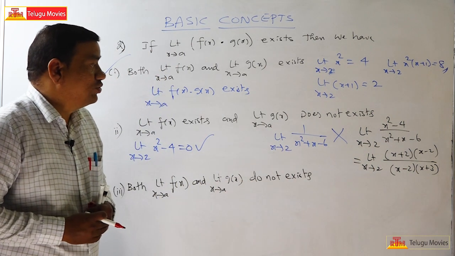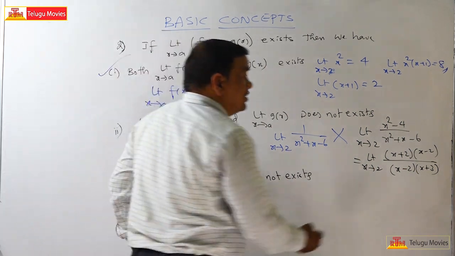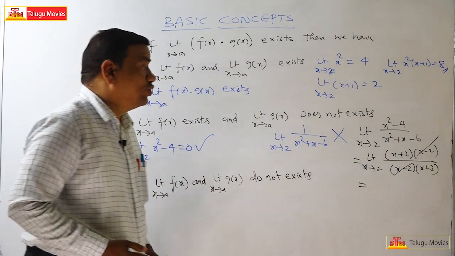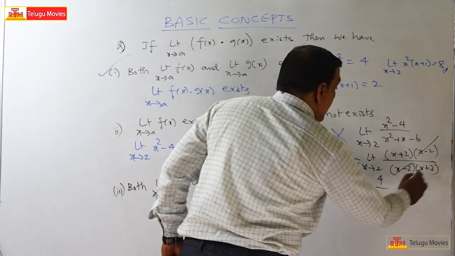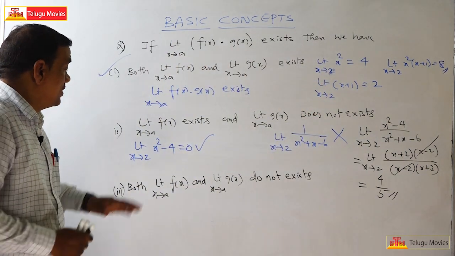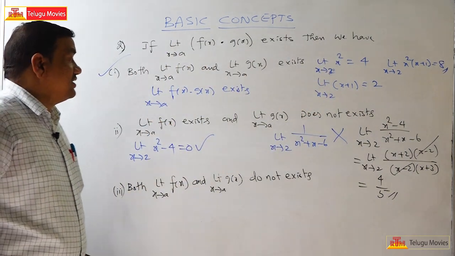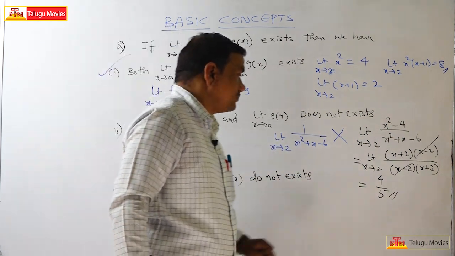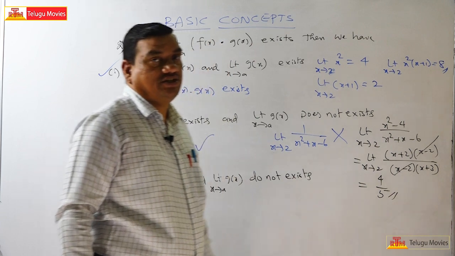So this x minus 2 cancels, x tends to 2. Substitute, 2 plus 2 is 4, 4 by 5. So 4 by 5 is the right answer. So here the first limit exists, the second limit does not exist. Understand this? But their product exists.